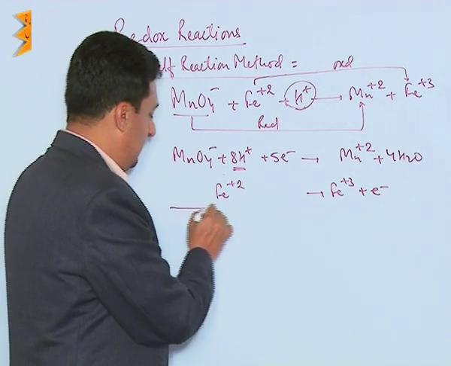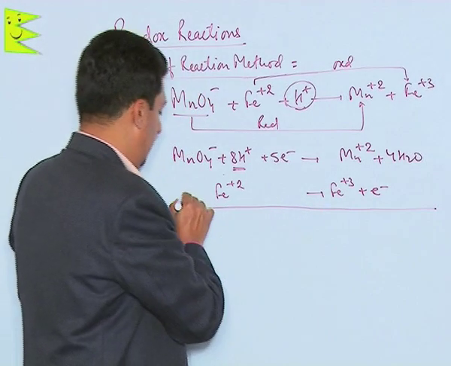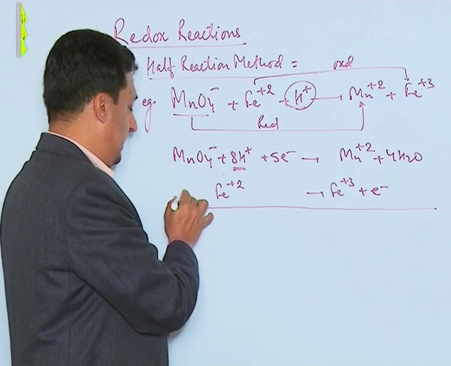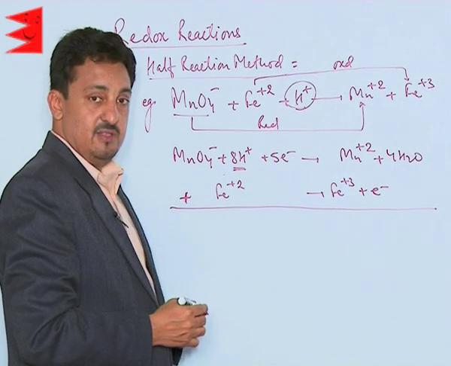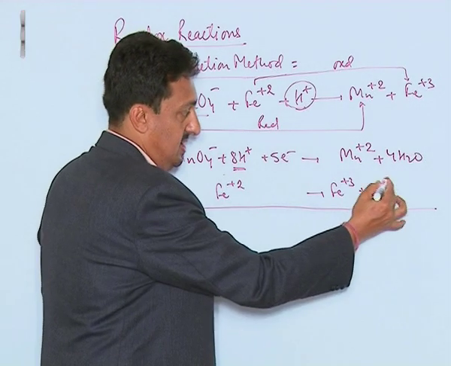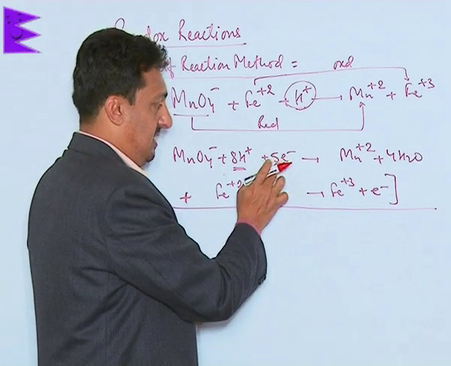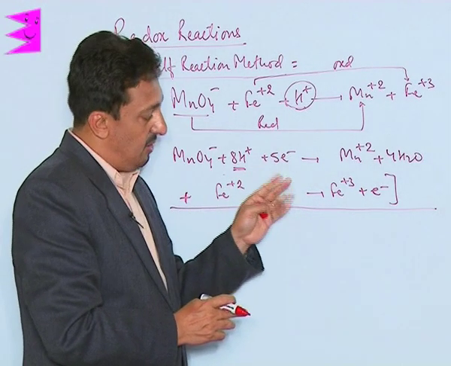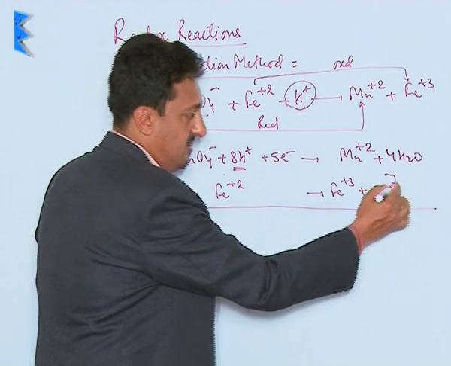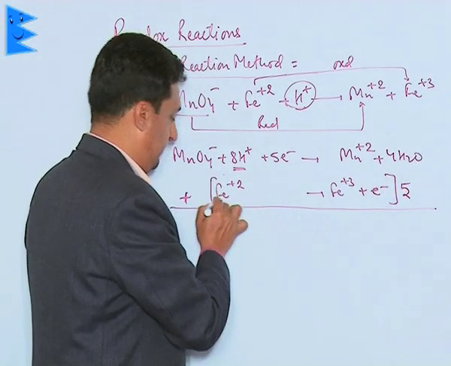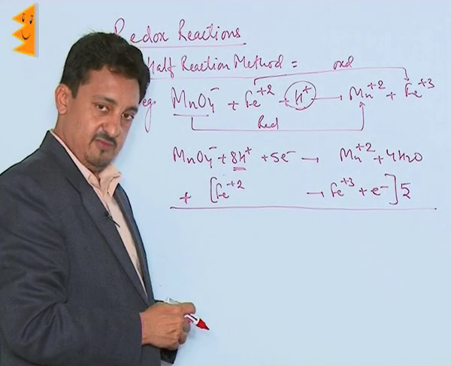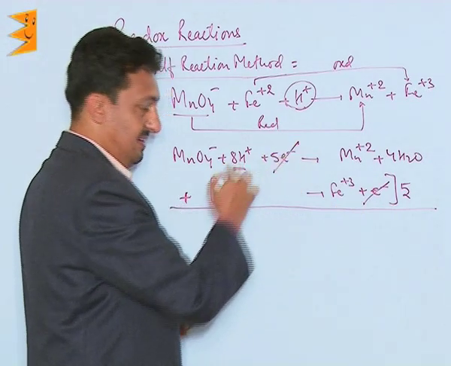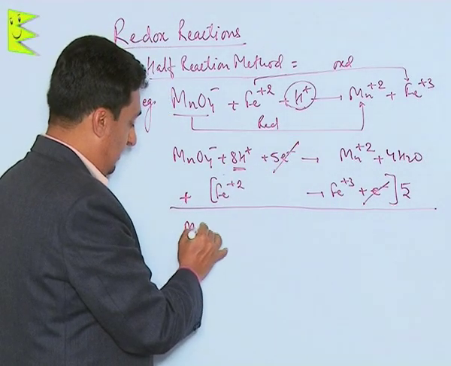We will now add both these half reactions, and for this we have to ensure that the electrons get cancelled in both the half reactions. We find that in the first half we have 5 electrons on the left hand side, in the second half we have only 1 electron on the right hand side, so it can be balanced by multiplying the second equation by 5 so that it gets cancelled. Now let us add the two halves.